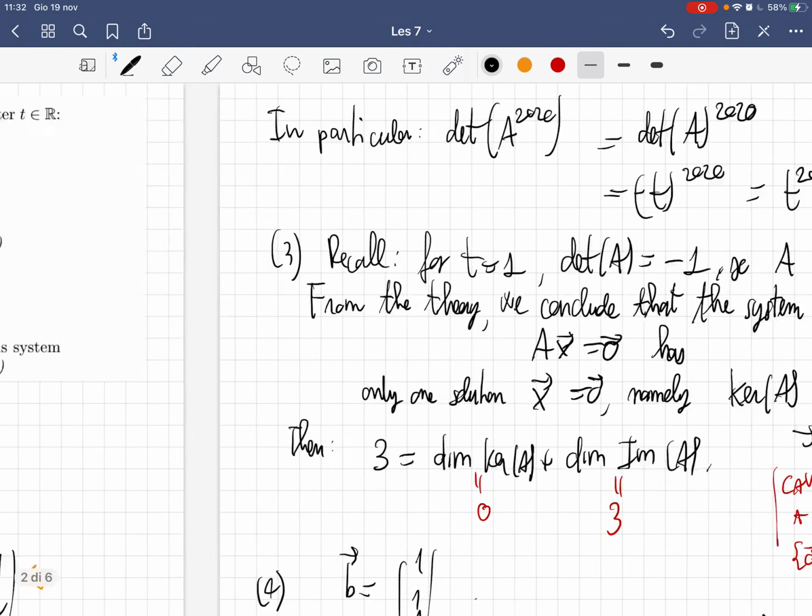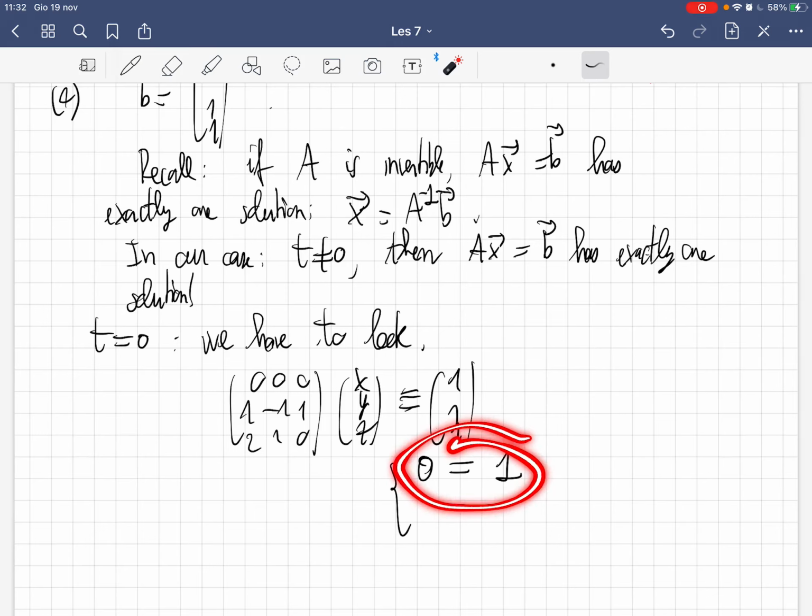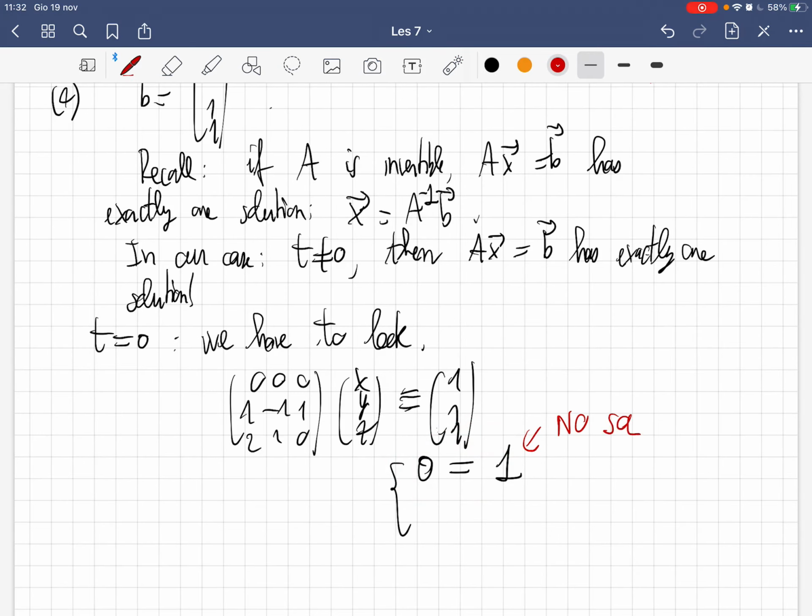Is it correct? If you look at this, you immediately find it. You can even stop here. From here, you find out that there are no solutions. So yeah, you're done. We made it, and that was it.